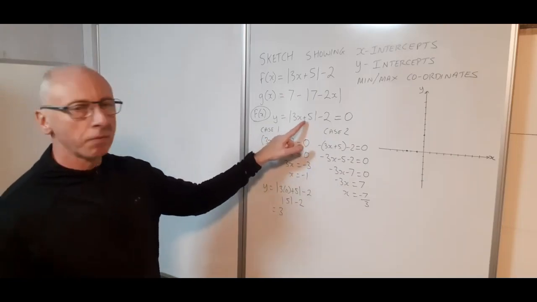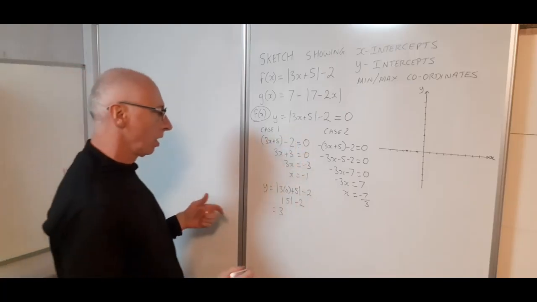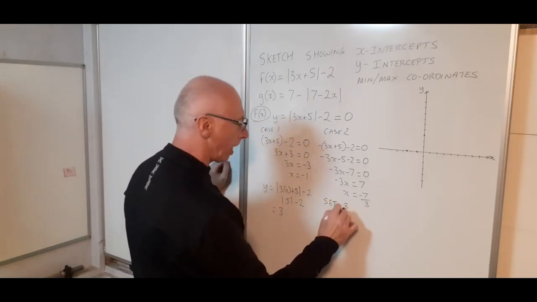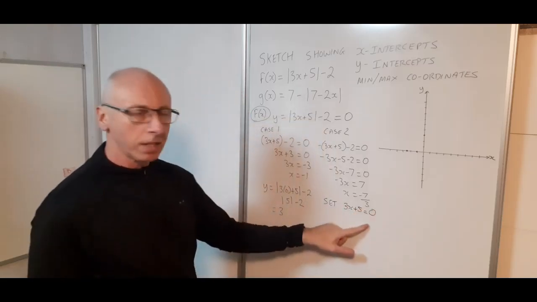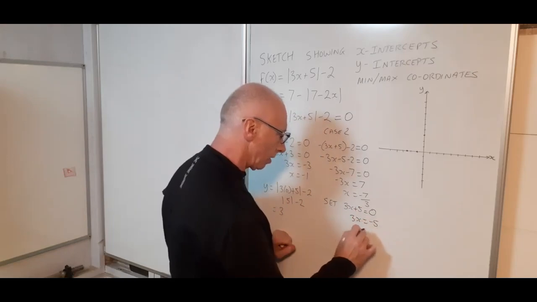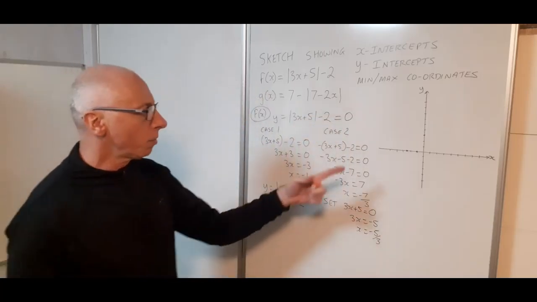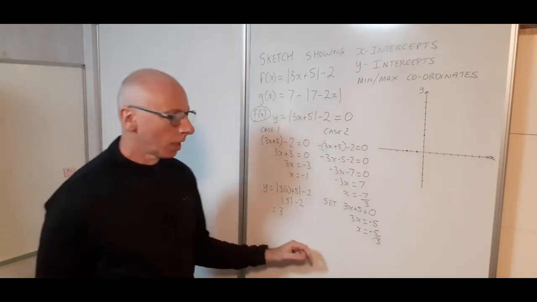So to find the minimum value, all I do is set what's inside the modulus to 0. So set 3x + 5 = 0, 3x = -5, and then x = -5/3. So somewhere along where x is -5/3 is going to be my minimum.